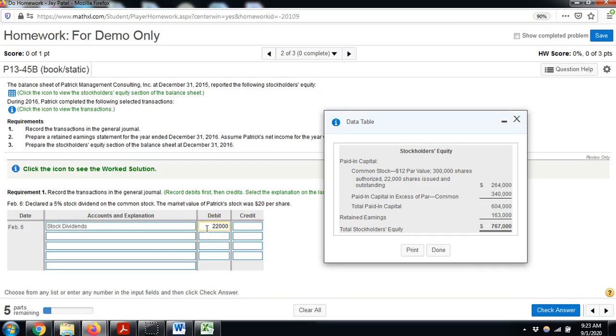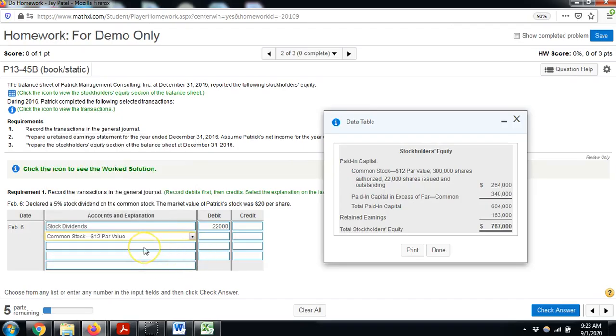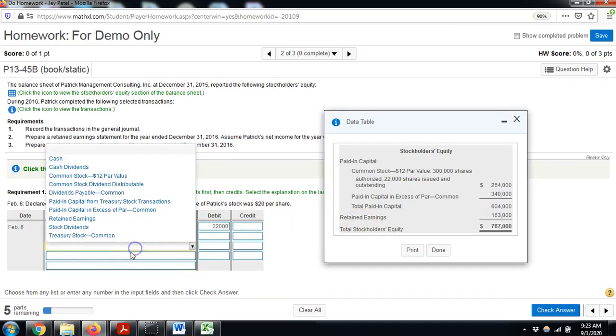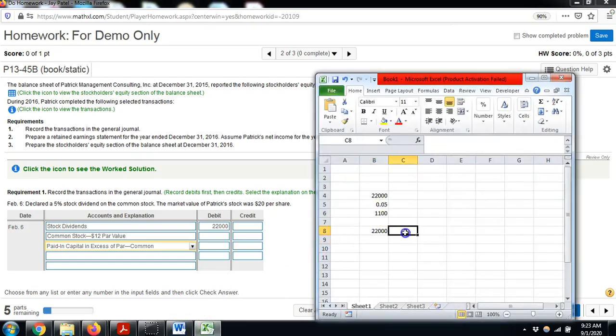Okay, so now how do we do the credits? Well, we know we're going to have common stock. It's issued. But we see here that the par value is only $12 and the market value is $20. So we're going to have some extra paid in capital in excess of par for common stock. So again, we have 1,100 shares.